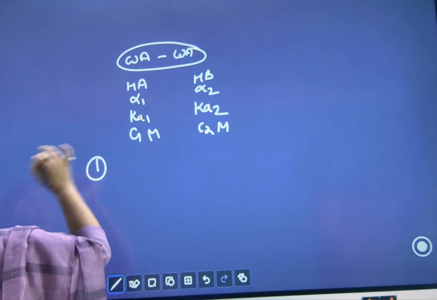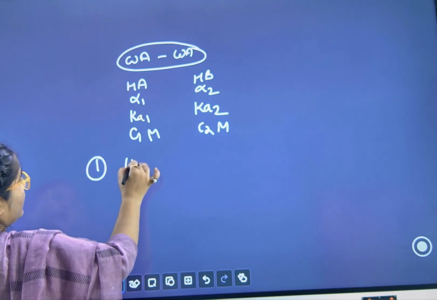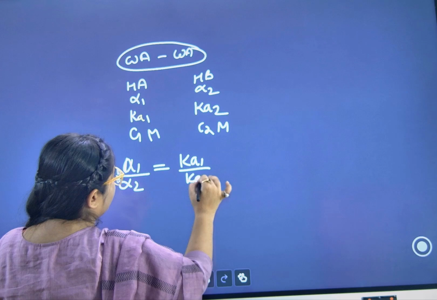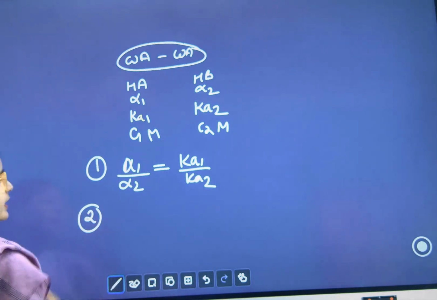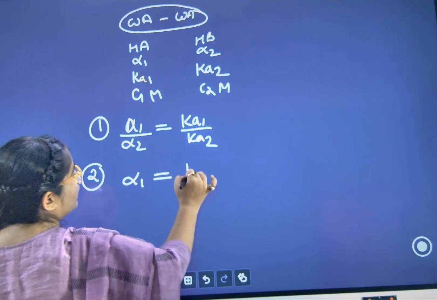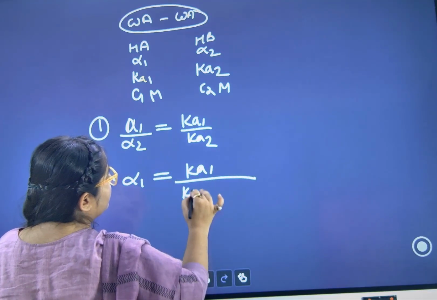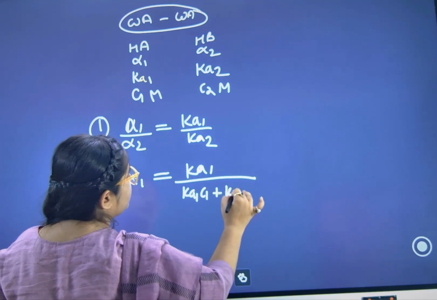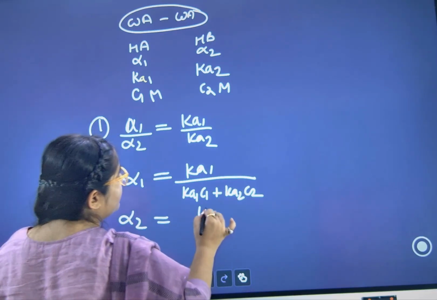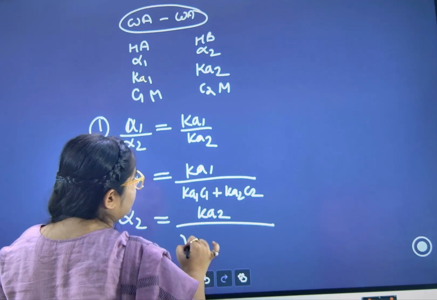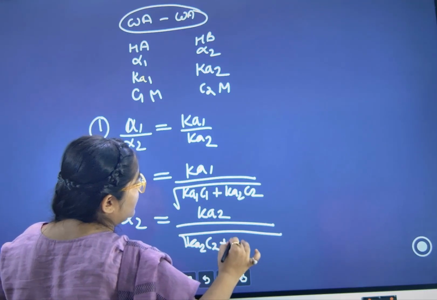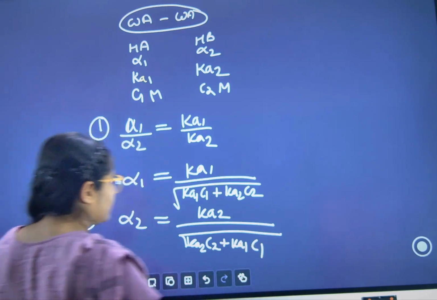So from here the first one, the ratio of alpha 1 by alpha 2 will be equal to Ka1 by Ka2. Next, second, how will you find out this? Here alpha 1 will be equal to Ka1 by under root Ka1 C1 plus Ka2 C2. Same way, what will be alpha 2? We can calculate it as Ka2 by under root Ka2 C2 plus Ka1 C1, right?